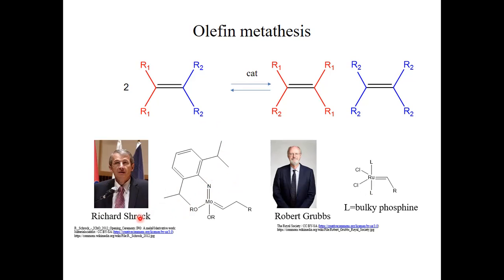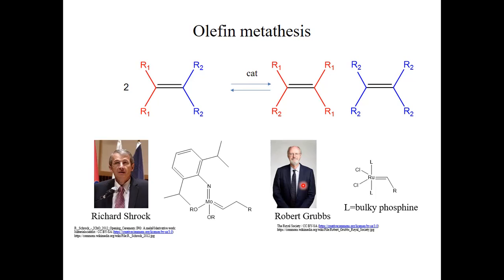The Schrock catalysts have the advantage that they are more reactive, but they are also very touchy, very air and moisture sensitive. The Grubbs catalysts are a little bit more practical. They are not as sensitive, but they are also not quite as reactive. Both Richard Schrock and Robert Grubbs received the Nobel Prize in Chemistry for these catalysts in 2005.